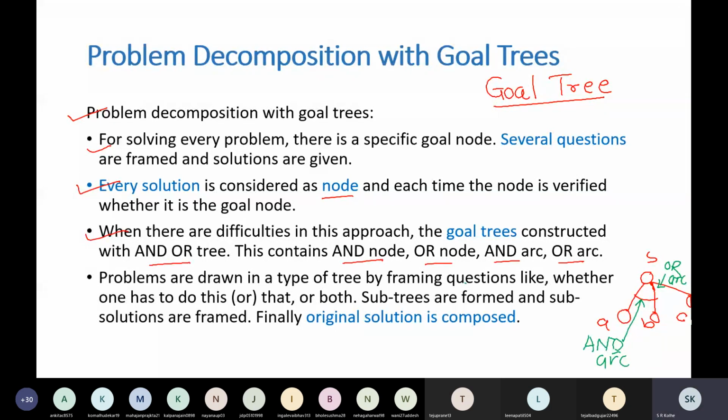If I solve this C, which is OR node connected to S, then S will be solved, right? So either this way or this way. There are two different ways original problem S gets solved. Sub problems are A is a sub problem, B is a sub problem, and C is also a sub problem in this case.